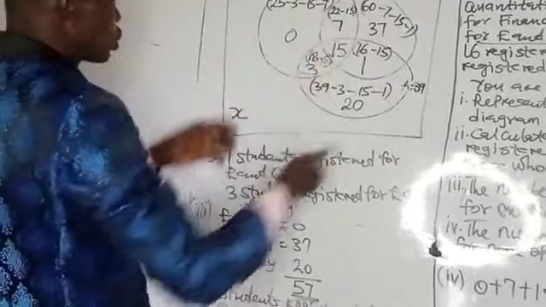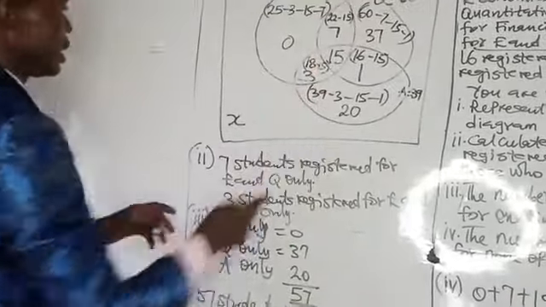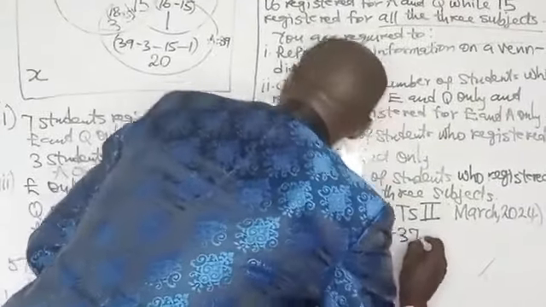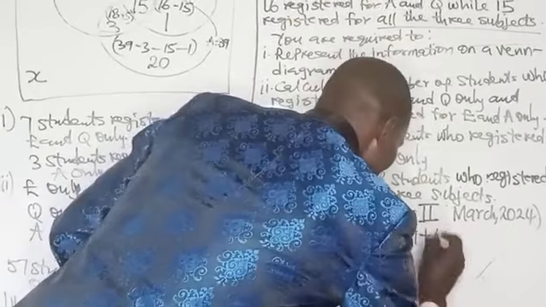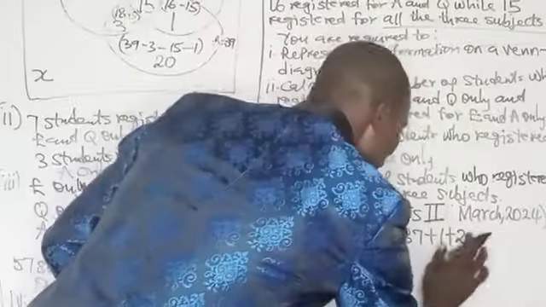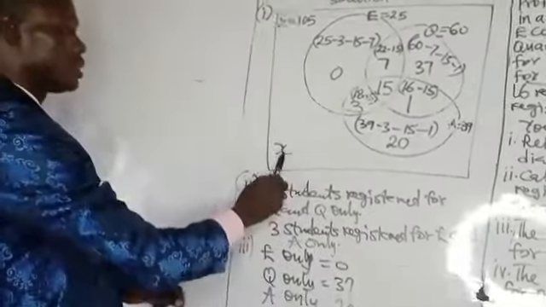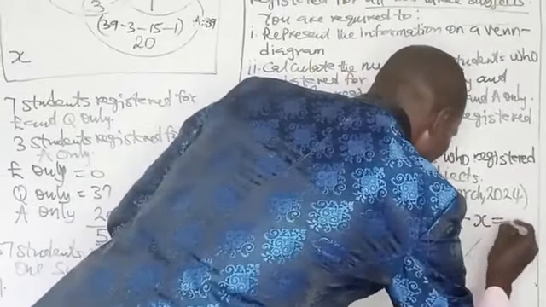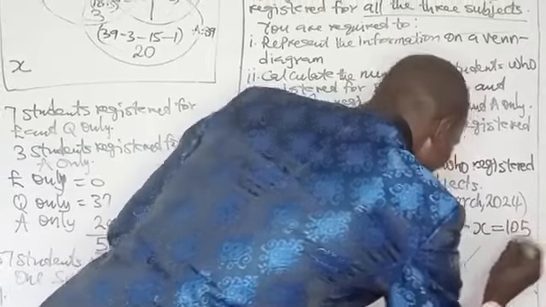Everything in the circles. So X is outside. Plus X, then everything is 105. Plus X equals 105.